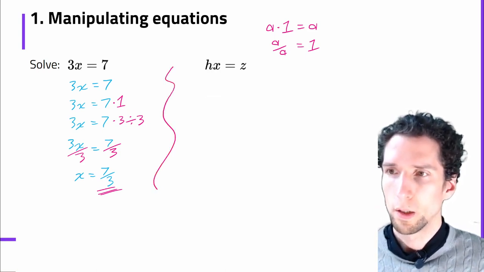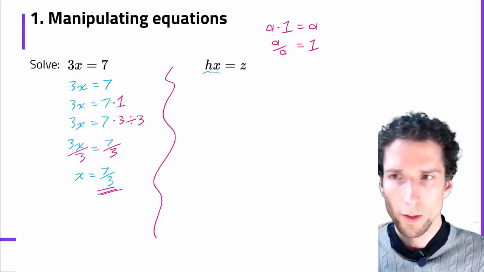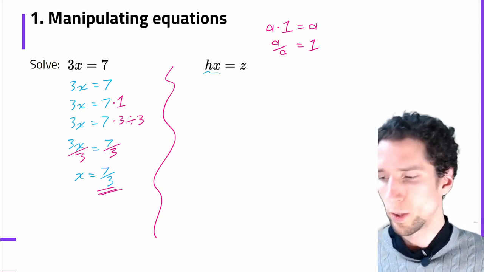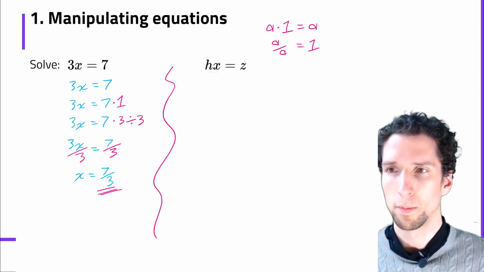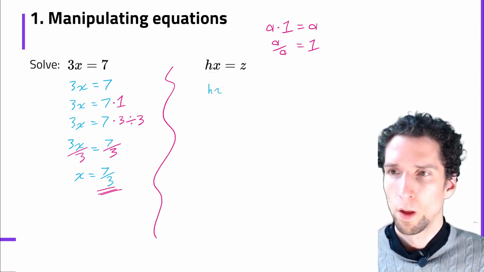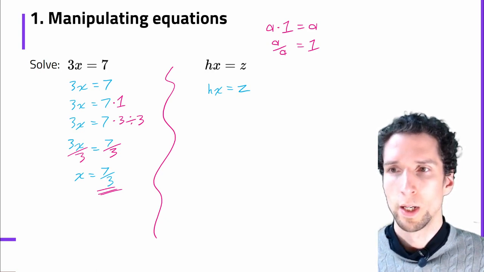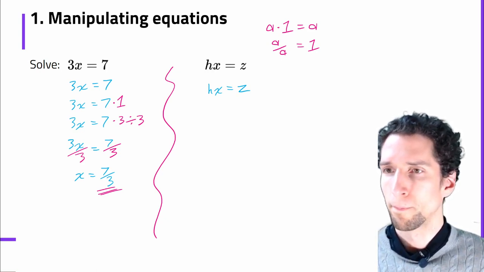So same thing, let's do here, except we have hx equals z, and we don't know what h is equal to. It's a variable, could be anything. We can use the same process to rearrange and solve for x in terms of h and z here.